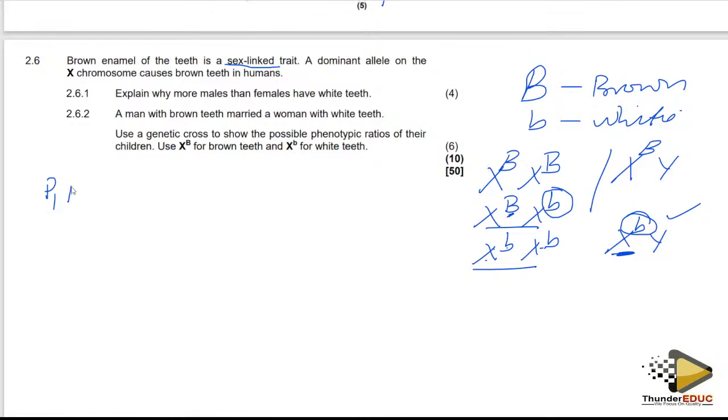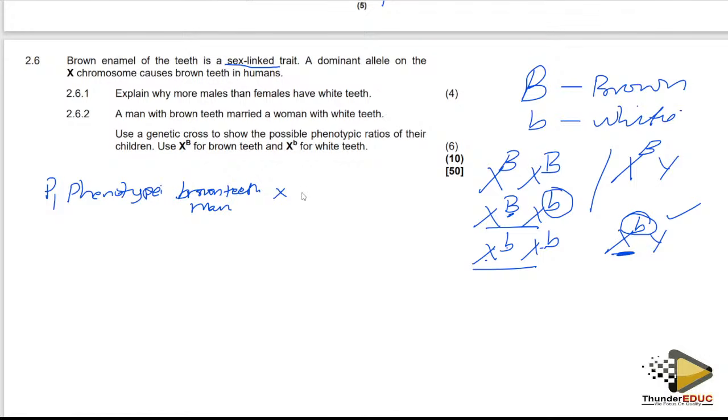For parent 1, you have to tell us the phenotype of the parent, which is always given in the question. A man who has brown teeth is crossed with a woman who has white teeth.